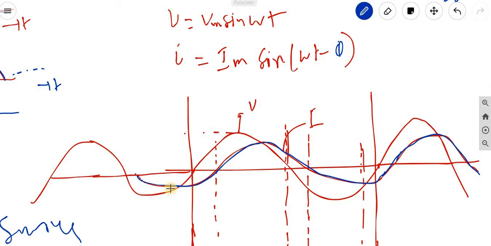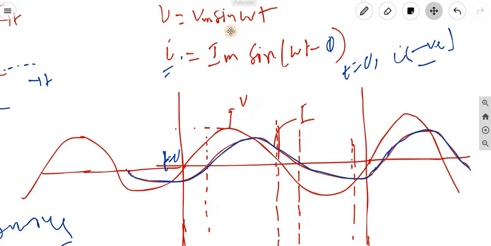So at the t equal to 0 reference, V equal to 0 obviously, but I equal to minus. So this one will be there.